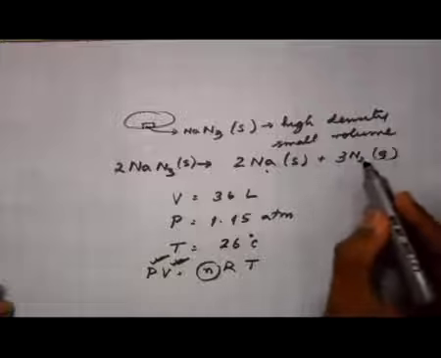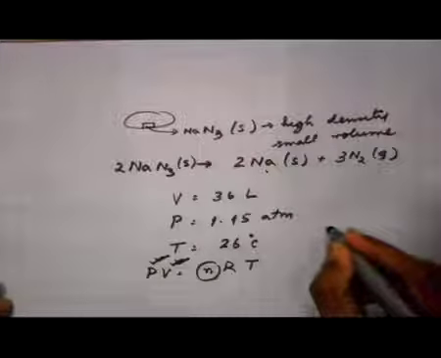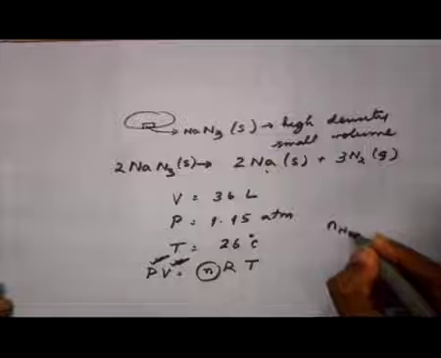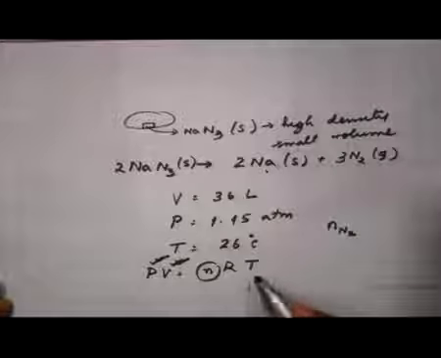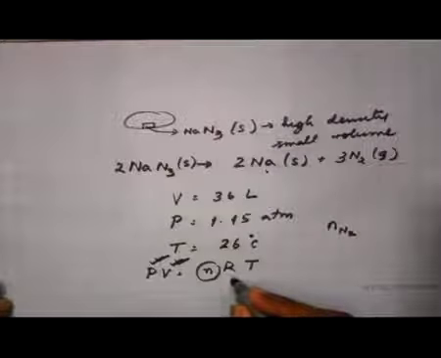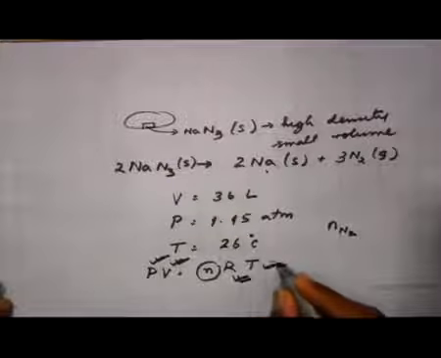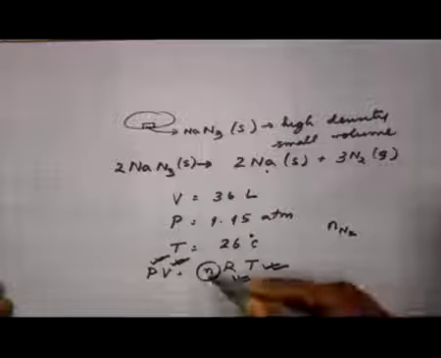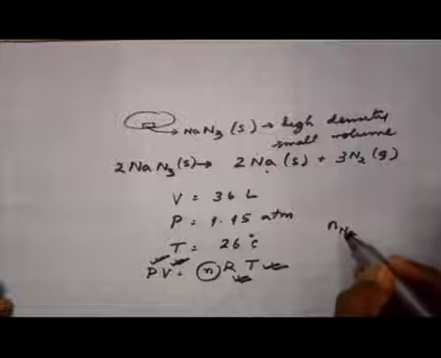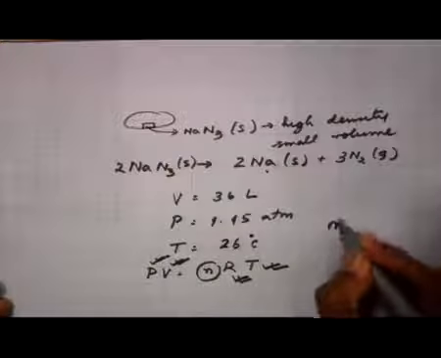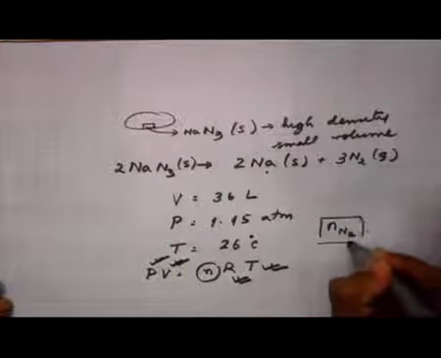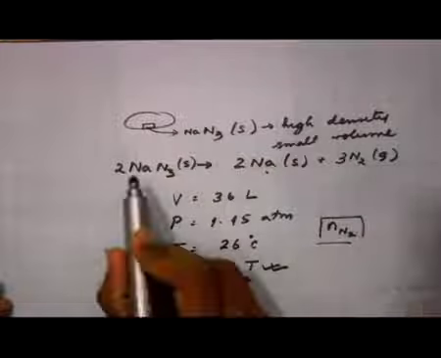So, what are we going to do? We are going to find the number of moles of nitrogen to satisfy the ideal gas equation of state. So, this we know and this we know.